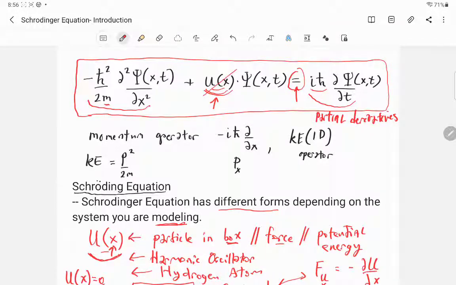It'll be 0 times the wave function, which is overall 0. And we've got negative h bar squared over 2m, two space derivatives of this wave function psi of x, t, equals i h bar, one time derivative of the wave function in position and time.